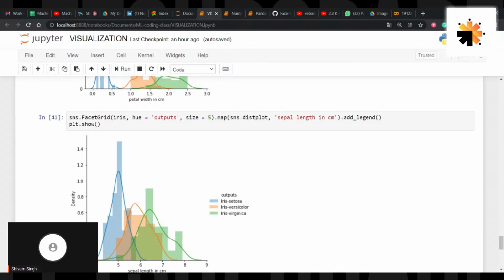But here, only with the help of some plots, I'm able to select my best feature. If you are able to do this with a real-world data set, it is a kind of achievement for you.